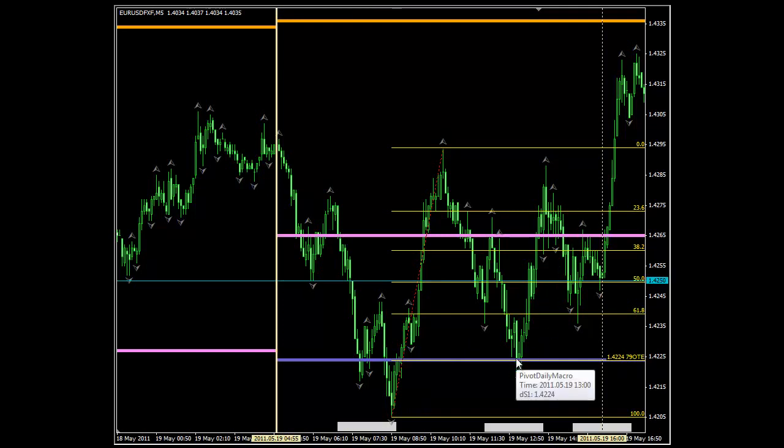So we made a higher low in here. So market structure, we have a short-term low, intermediate term low, short-term low, intermediate term low. Notice the intermediate term low here is higher than this one. Market structure now is suggesting higher prices.